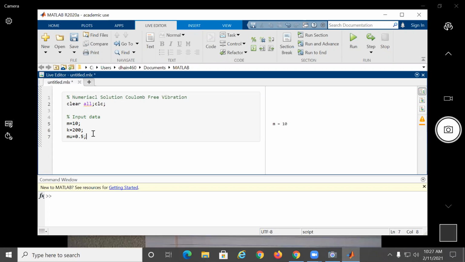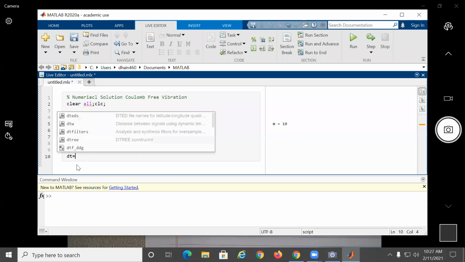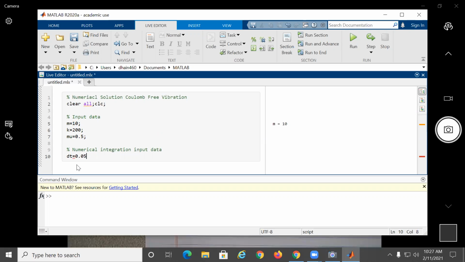All right, next thing we need to do is numerical integration input data. There are multiple ways to do it. I'll probably change it, but let's say the way I have it in the notes. You select a time step equal to 0.05.